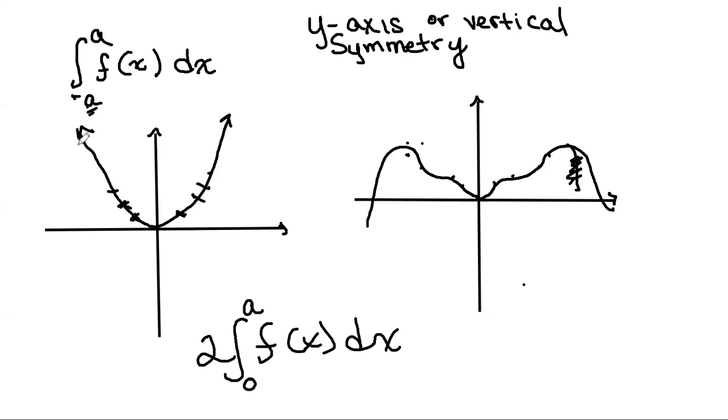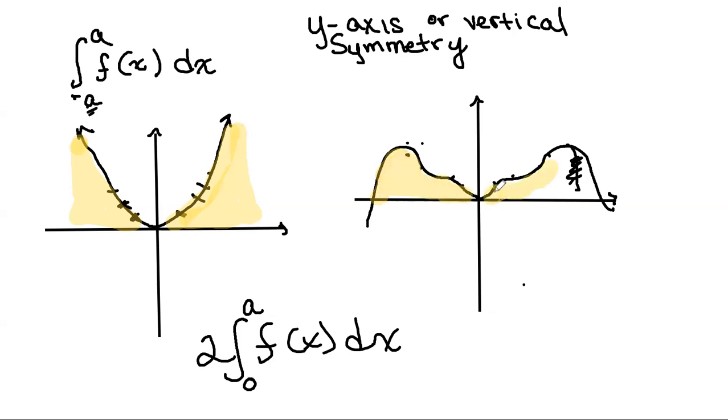When you're doing the integral, you're trying to find the area under the curve. So here we're trying to find this area under the curve and this area under the curve, and they're going to be the same.